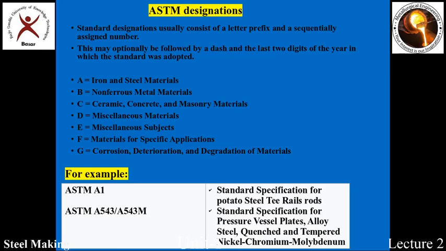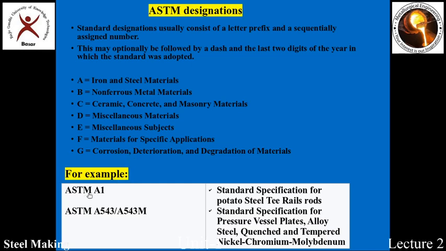This standard designation is used even today by the entire steel plant industry. There is a nomenclature with letters A, B, C till G, and each one stands for something. A stands for iron or steel material. If it is B, just like this, that means it is related to non-ferrous material. If it is G, it is related to corrosion resistant material.